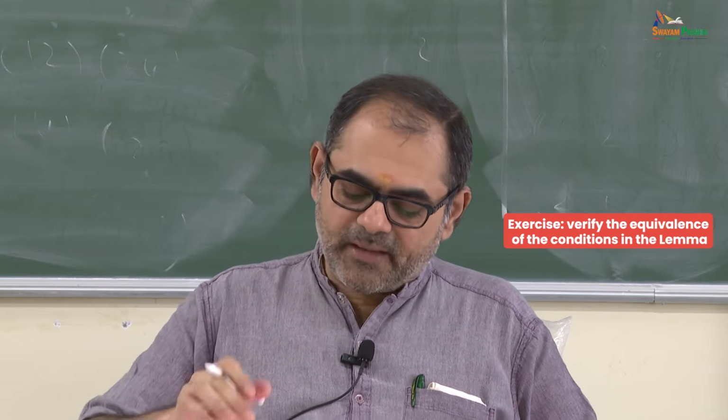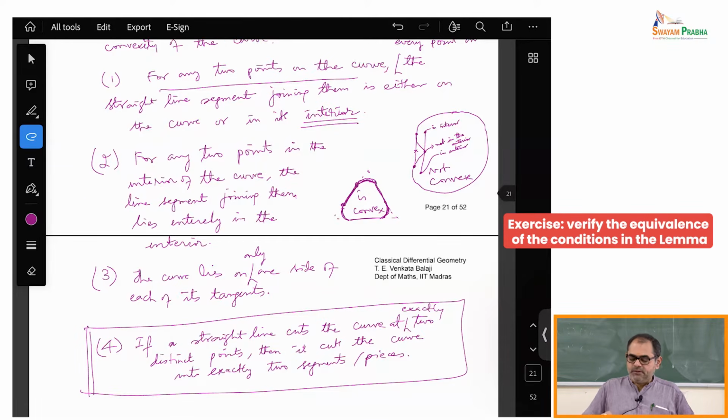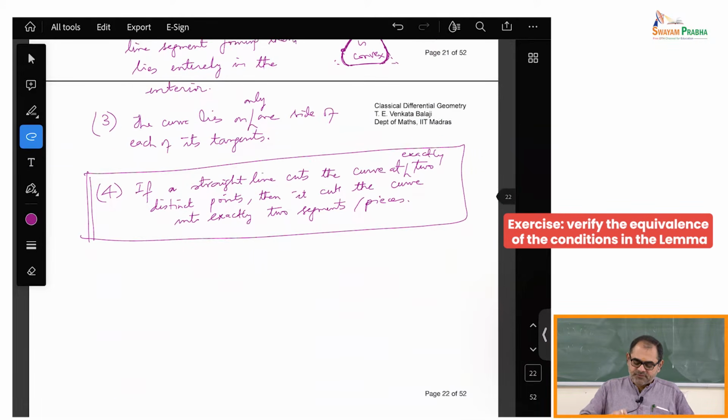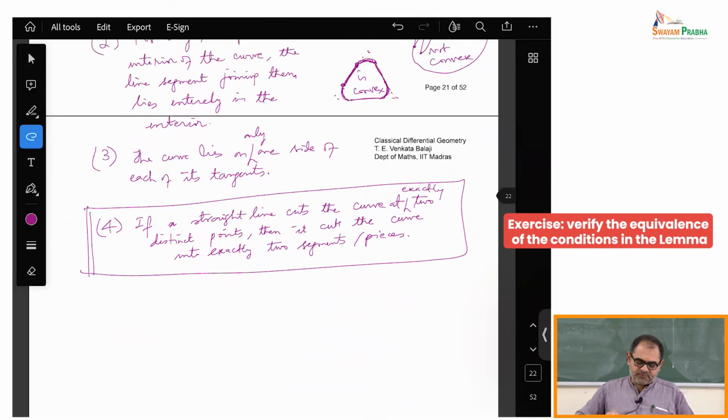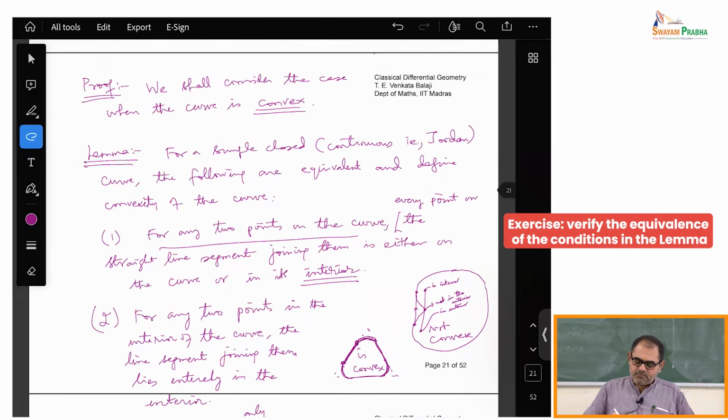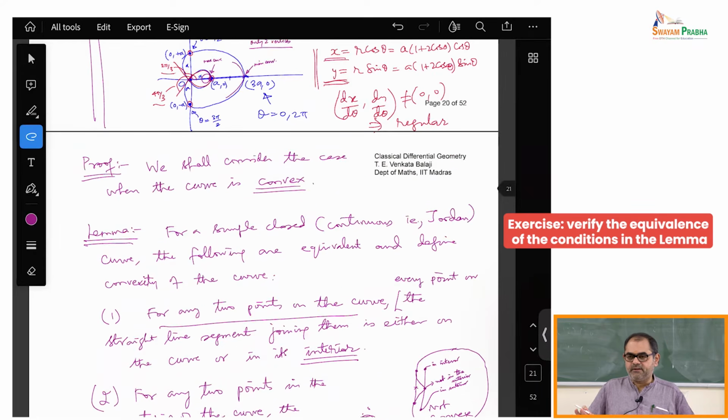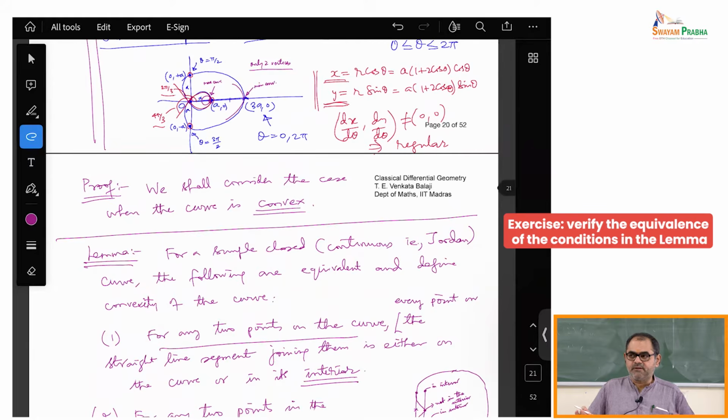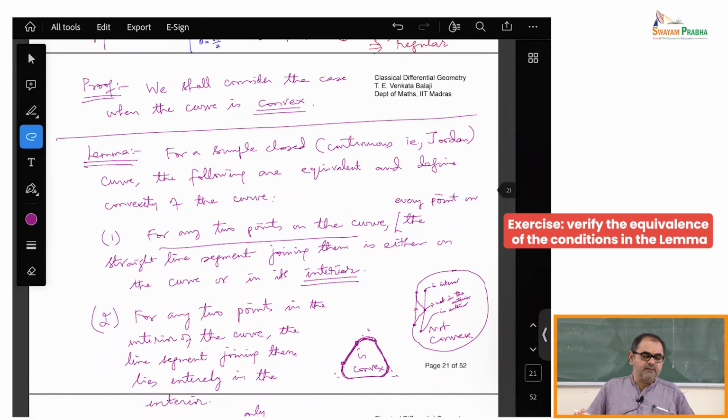I want to use this characterization. This is just a lemma, kind of a geometric lemma, which is pictorially, geometrically evident, but you can try to prove the equivalences of all the four conditions.